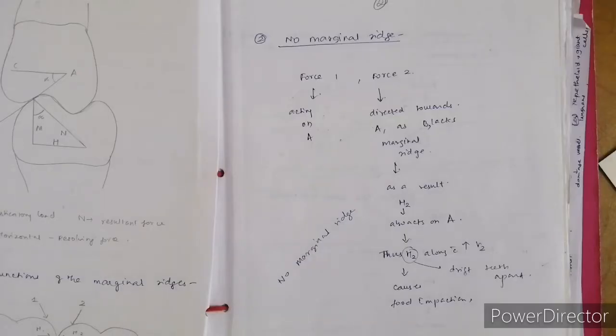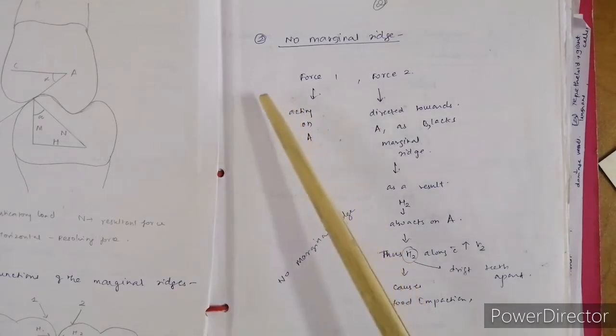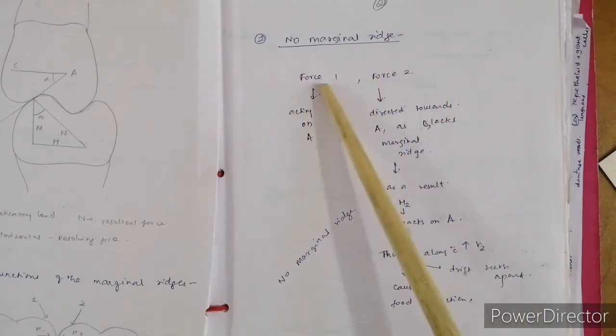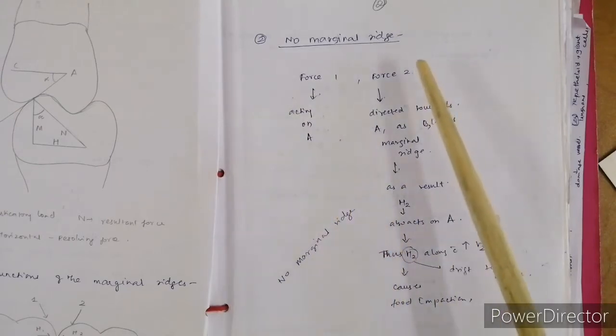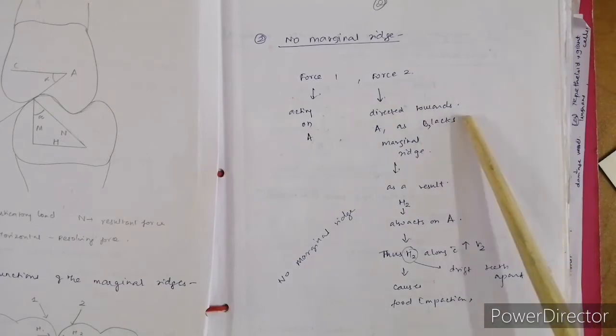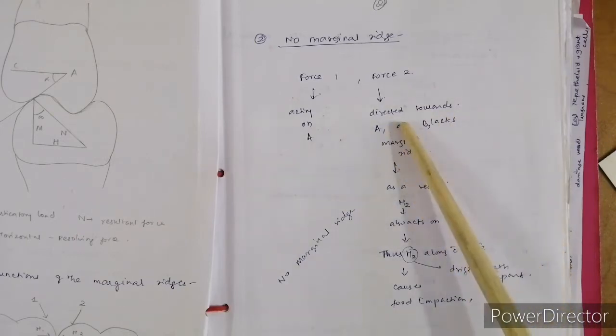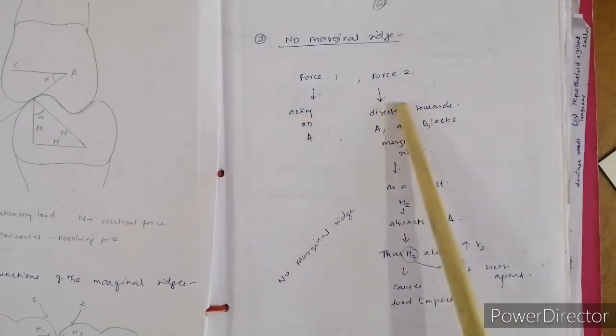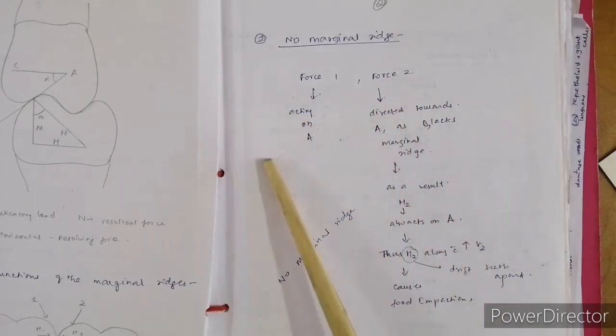Now let us consider an example where there is no marginal ridge in tooth number B. Now force 1 will act on tooth A, while force 2, because there is no marginal ridge in tooth B, also acts on tooth A. So force 1 and force 2 both now act on a single tooth.